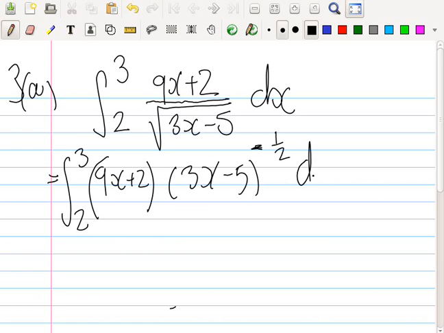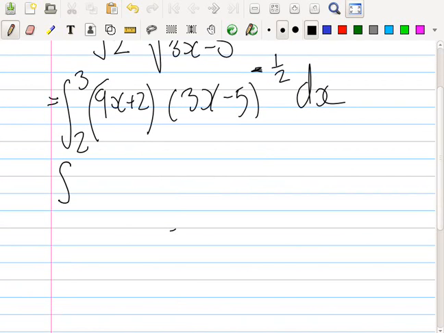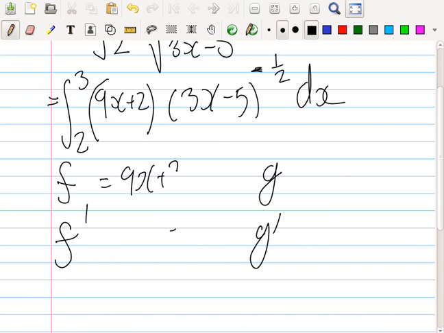Yep. And then this is the f and f derivative, and the g derivative. So the f is 9x plus 2, the f derivative is 9, the g derivative is (3x minus 5) to the power minus a half, and the g is the antiderivative.